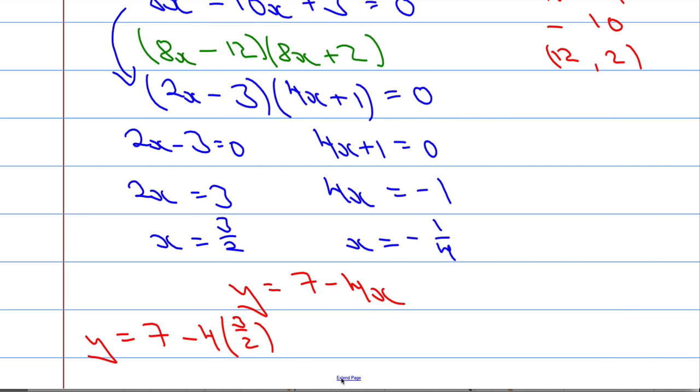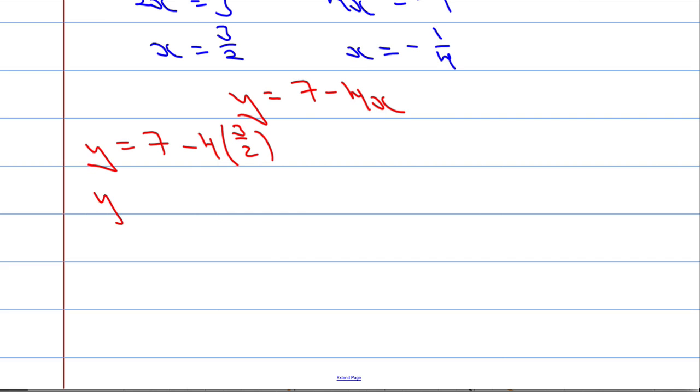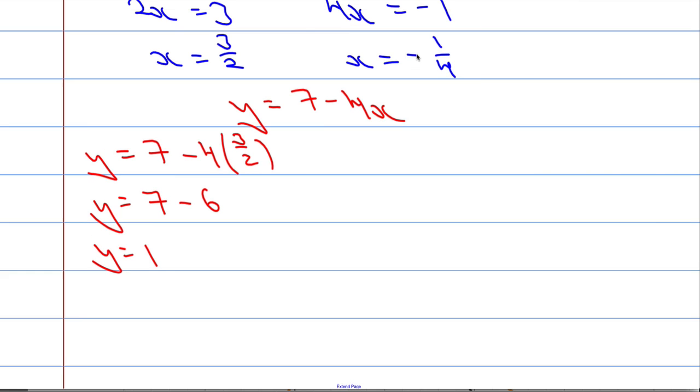And then over here, I'll come back to that one in a second. Y equals 7 minus 4 times 3 over 2 will give me minus 12 over 2, which is minus 6. So that means y equals 1.